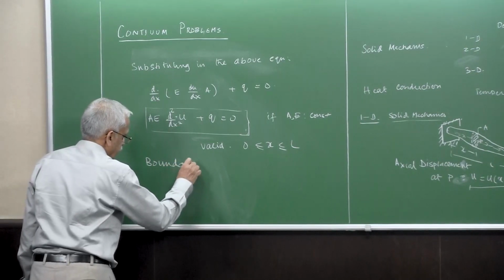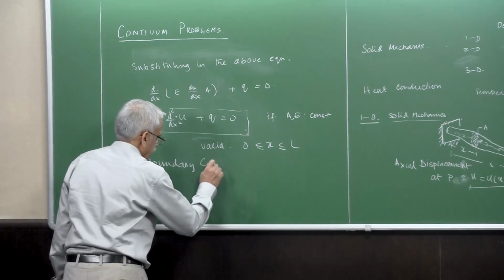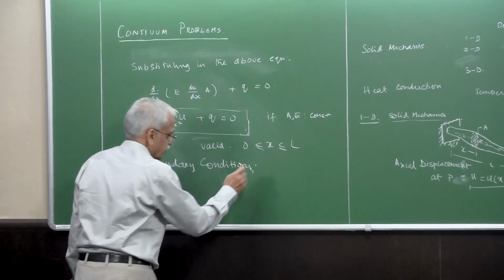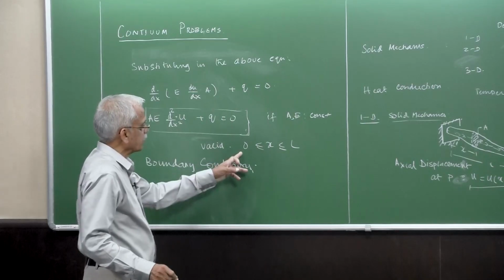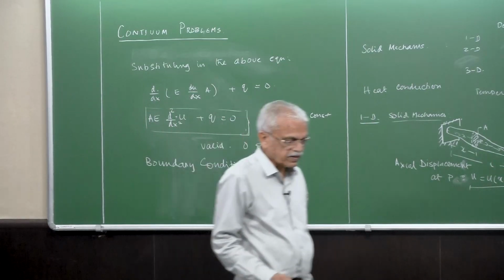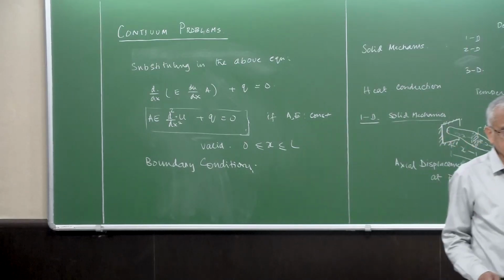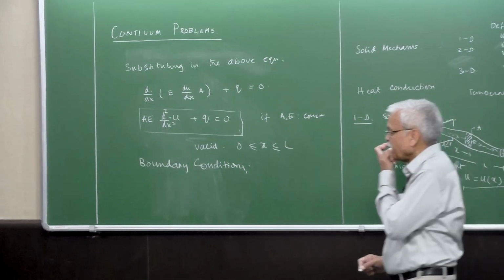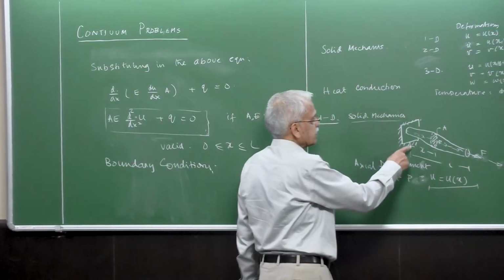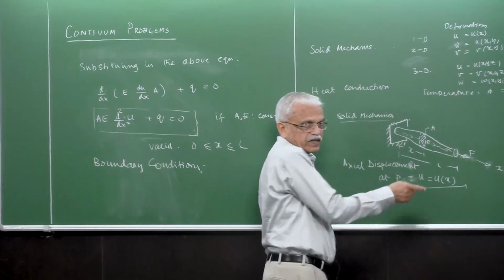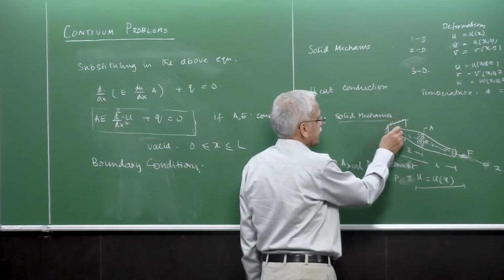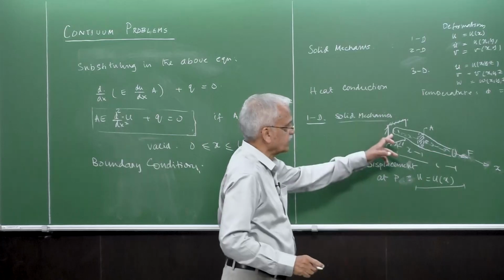No problem is complete without defining boundary conditions. So the boundary is what? x is equal to 0 and x is equal to L. These are the boundary conditions, and then we have to specify what is happening here. At x is equal to 0, in this particular problem, it's fixed to the fixed wall.